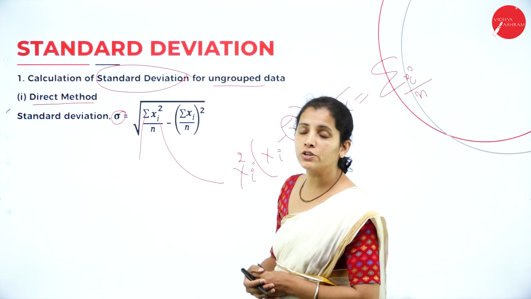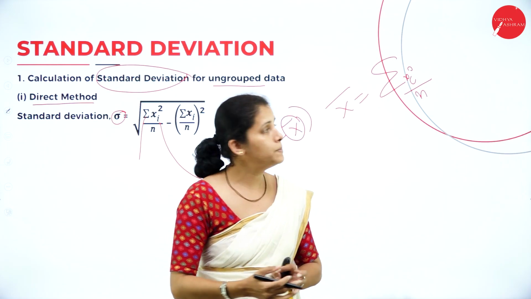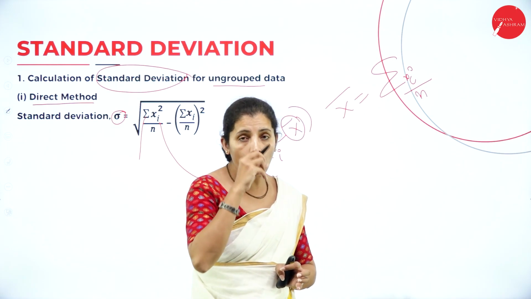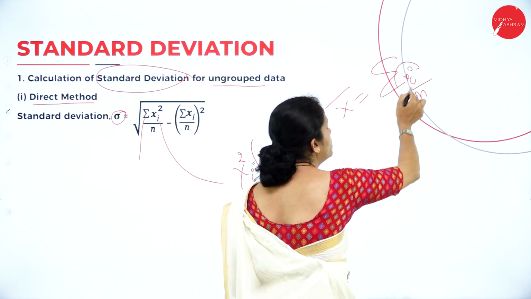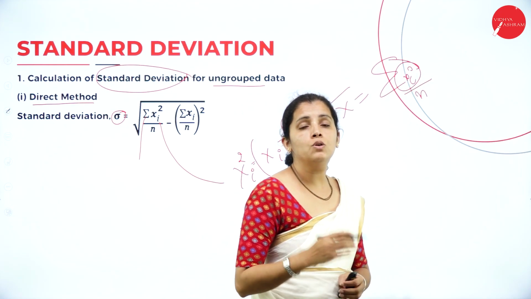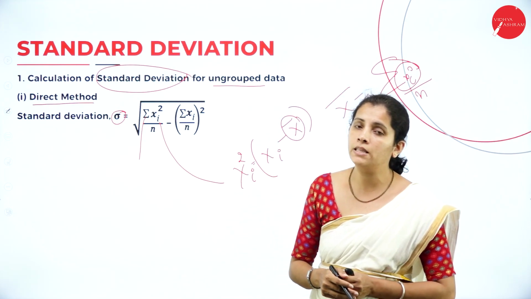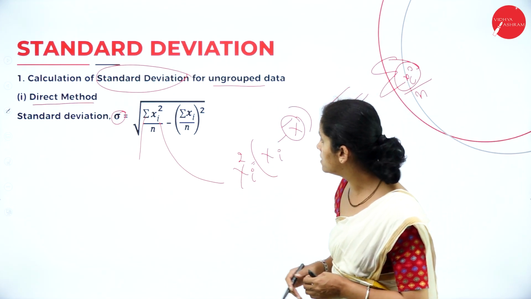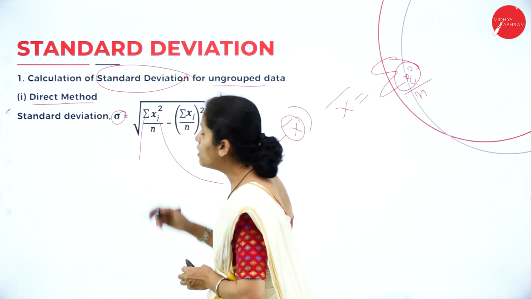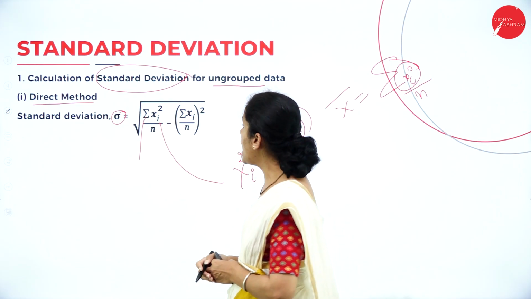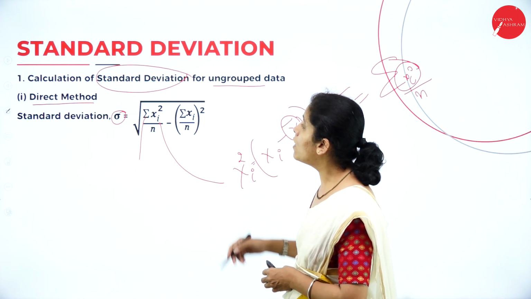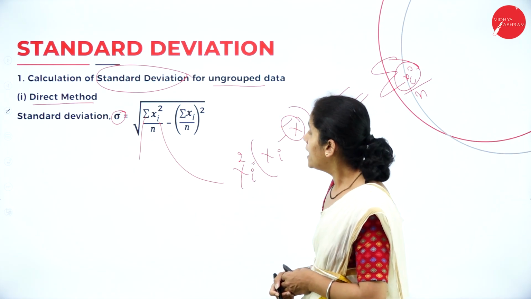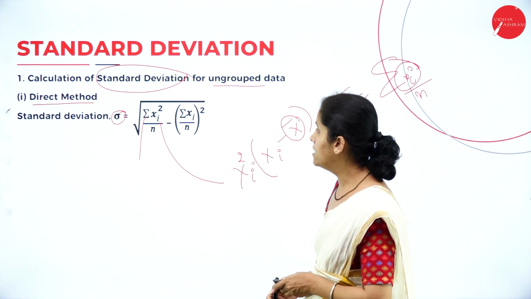So what is summation of xi? That is nothing but, I want to add all the elements together and I want to divide that value by n. So what is n here? That is nothing but the number of elements. So here, summation of xi square by n minus whole square of summation of xi by n.